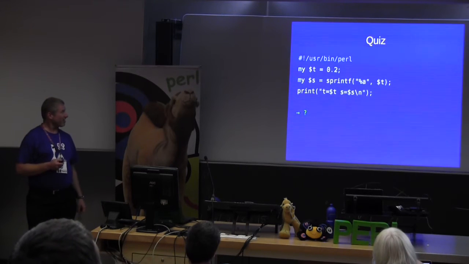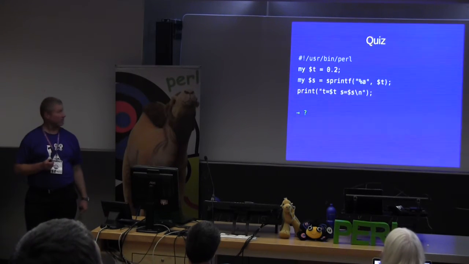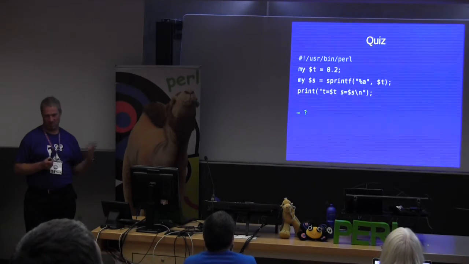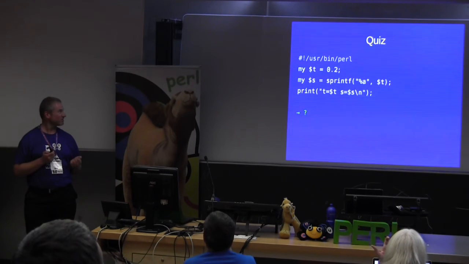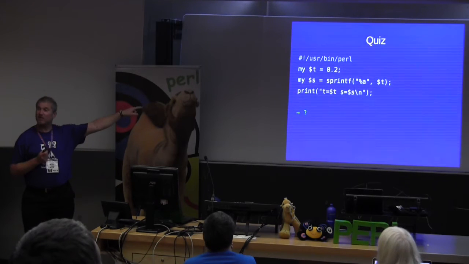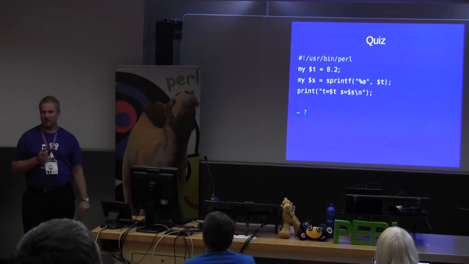So there's another issue that's also concerning floating point, and it looks so trivial that we can hardly understand it unless we look a little bit further. We take 0.2. It's a very nice number, it's easy to express. And then we print it with %A, you don't need to know it, I just tell you.